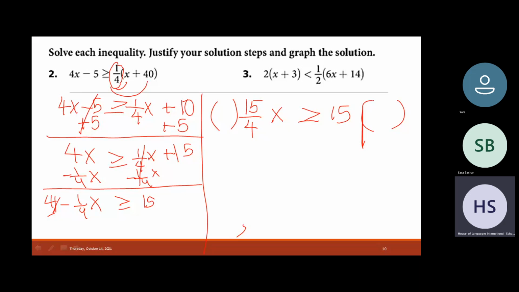What is the reciprocal of 15 over 4? 4 over 15. And what I multiplied here by 4 over 15, I have to multiply here with 4 over 15 too. The reciprocal means flip it.